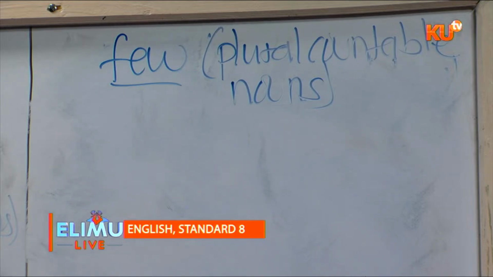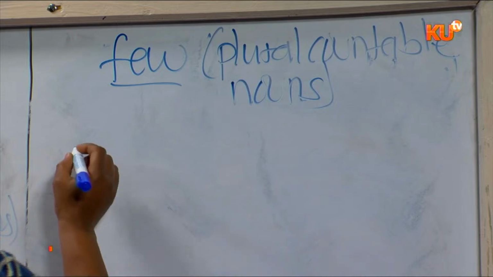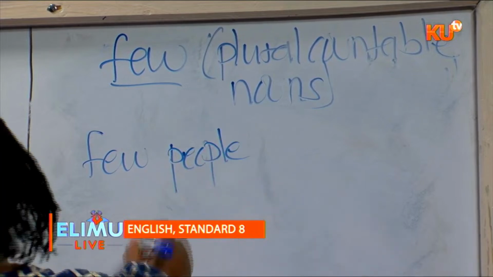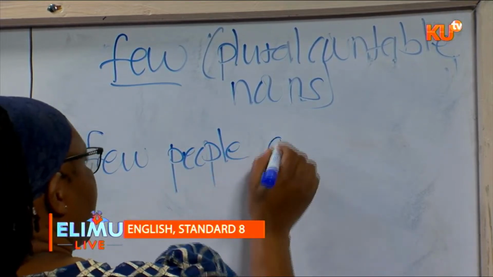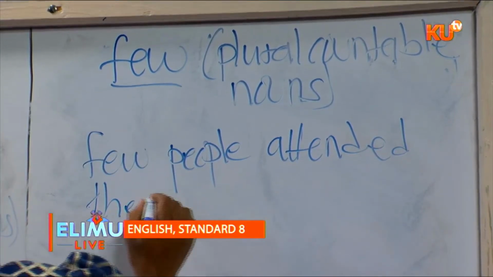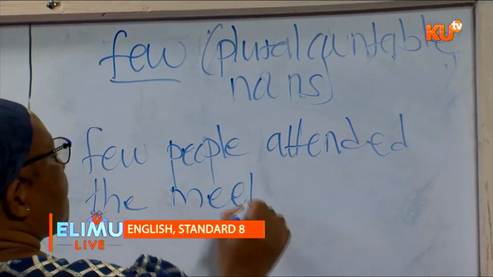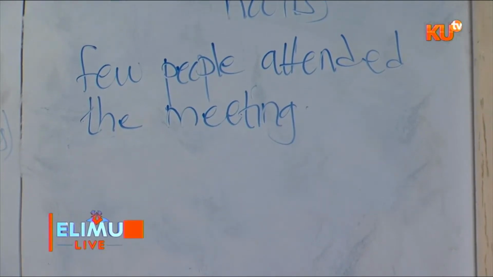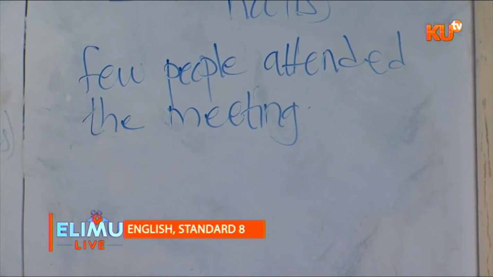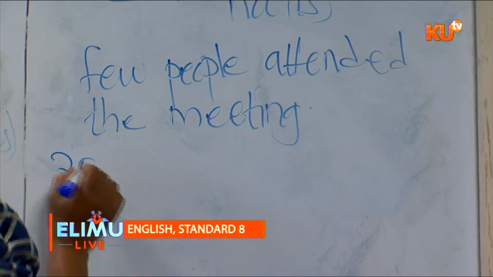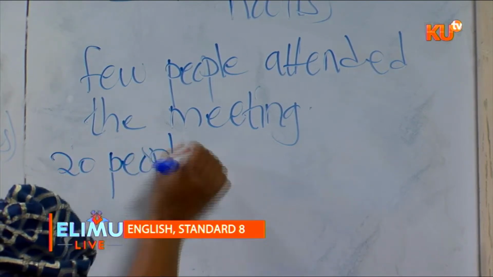Now, the difference is that when you say few people, let's take the first example. Few people attended the meeting. It means that fewer people than the one you expected attended the meeting. Let's assume that you are expecting 20 people to attend the meeting.